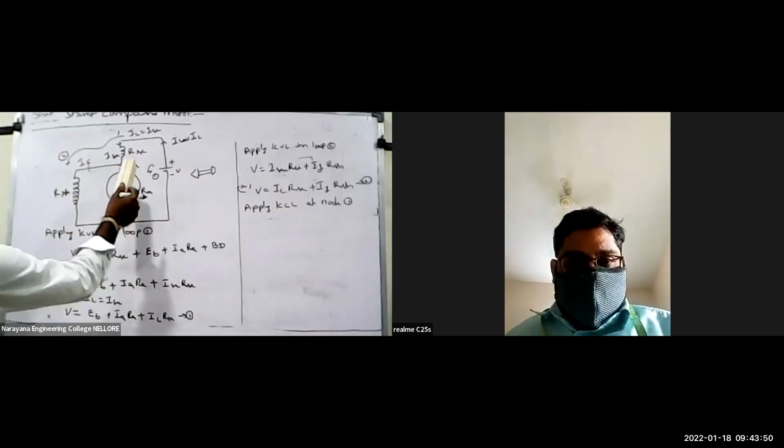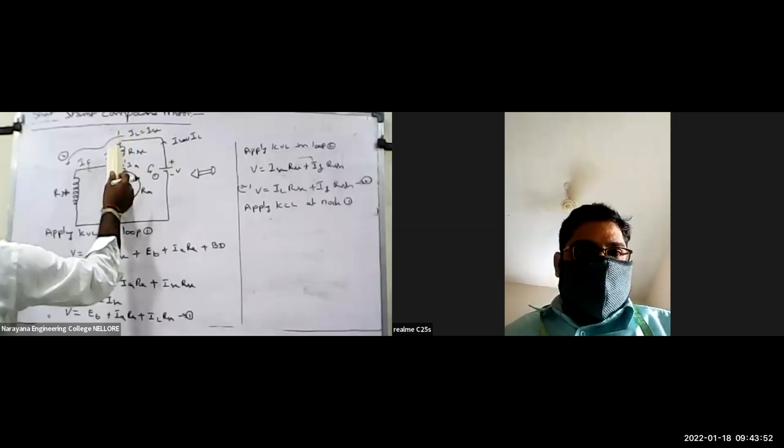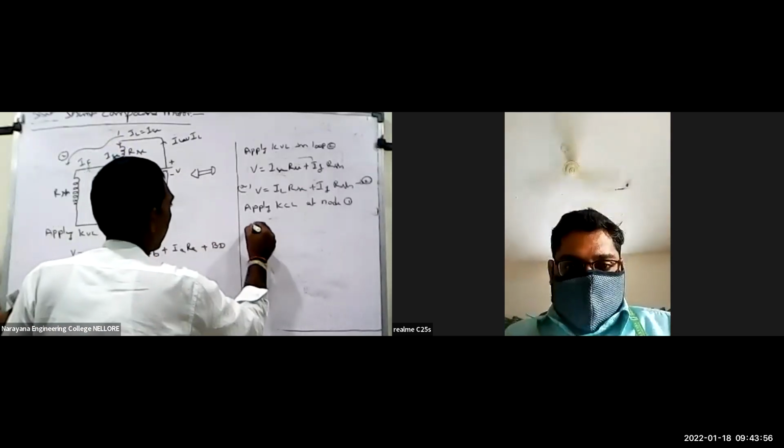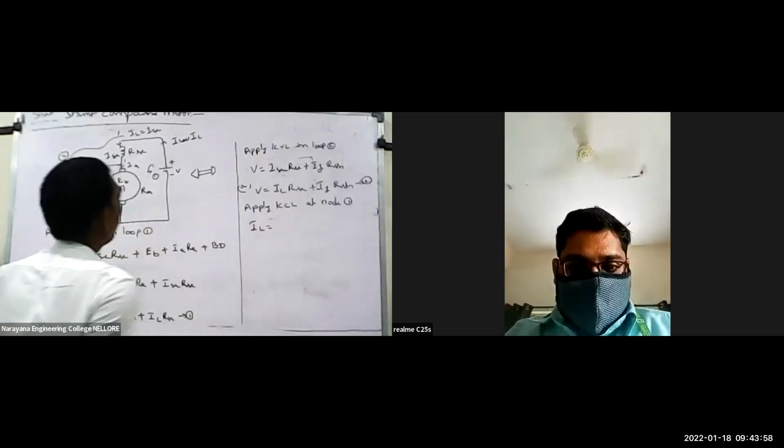What is the equation here? Sum of currents entering the node is equal to sum of currents leaving that node. So IL is equal to IA plus IF. That is the equation number 3.